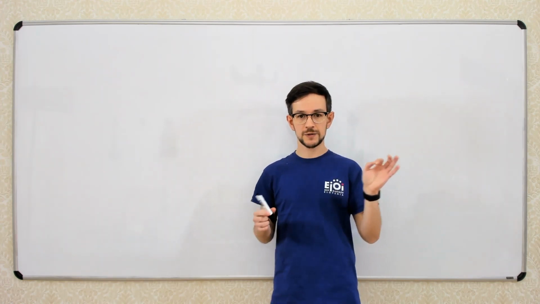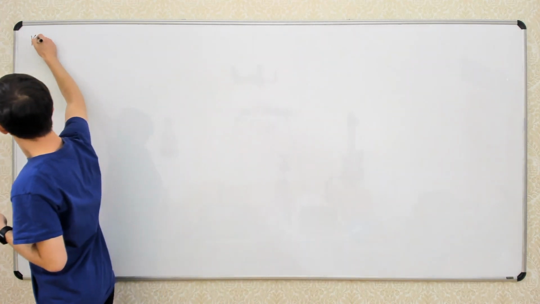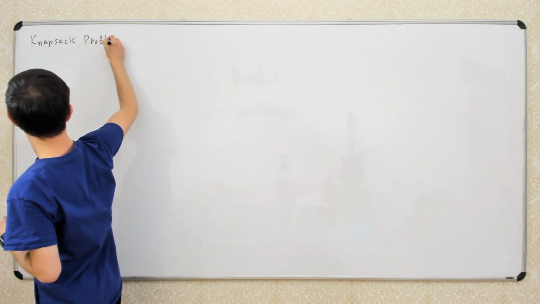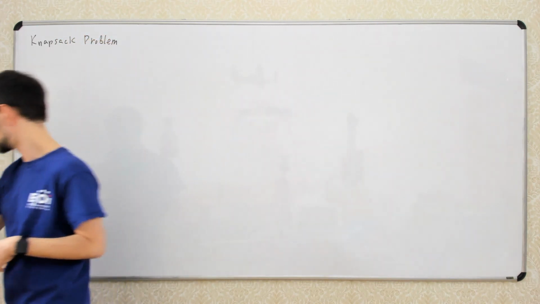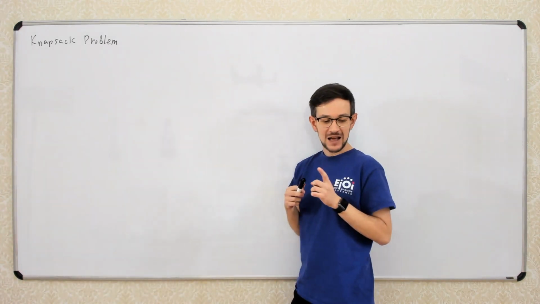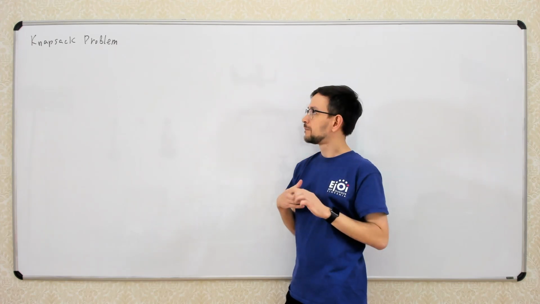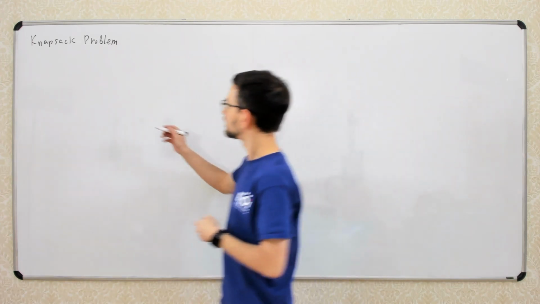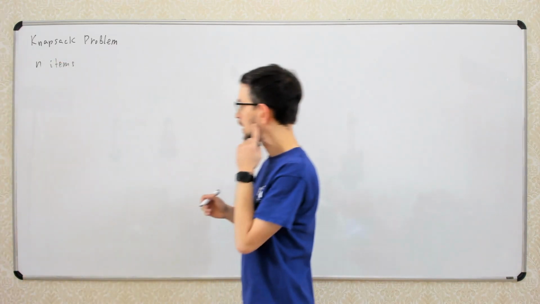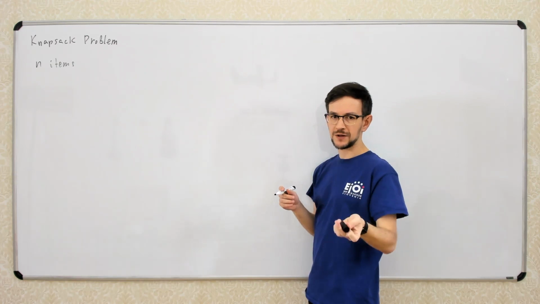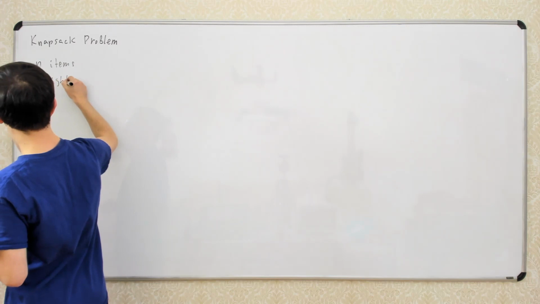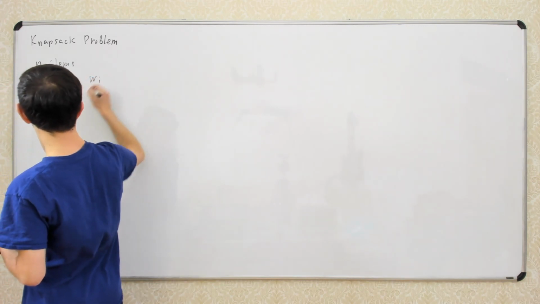So what is the classical knapsack problem? The classical knapsack problem looks like this. You have n items. Each item has some weight and some cost, so we have different weights and different costs.